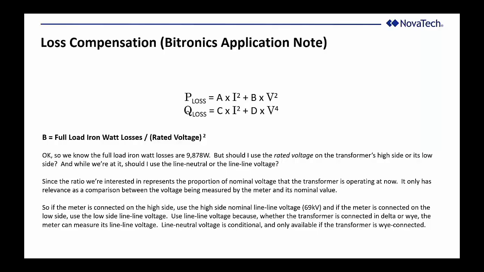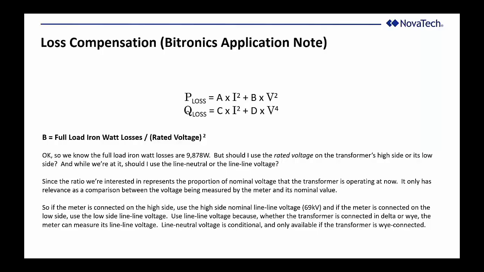So the trick, it's more of a convention for the meter than anything else. Whether you've got a delta-connected winding or a Y-connected winding on the high or low side of the transformer, the meter will always be able to determine the phase-to-phase voltage. On the other hand, if I've got a delta-connected primary or a delta-connected low side, I may not have a phase-to-neutral voltage.